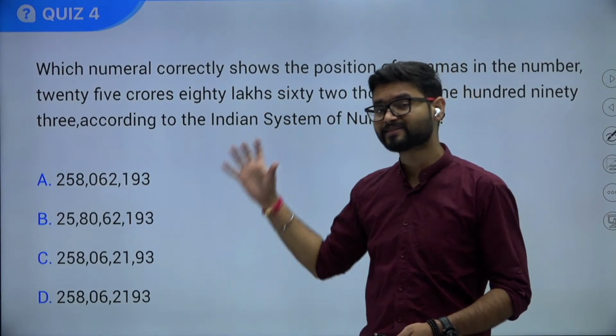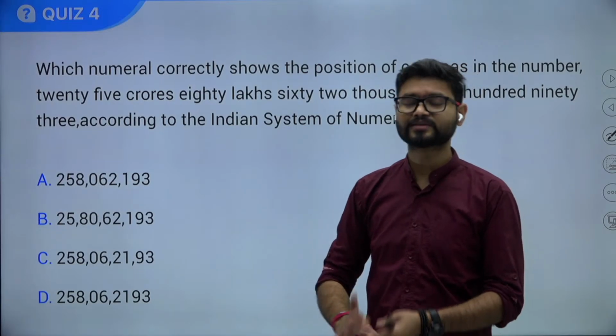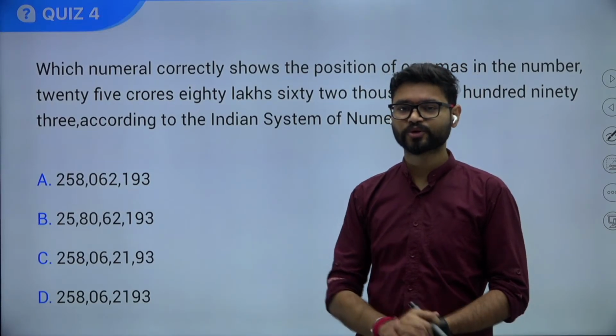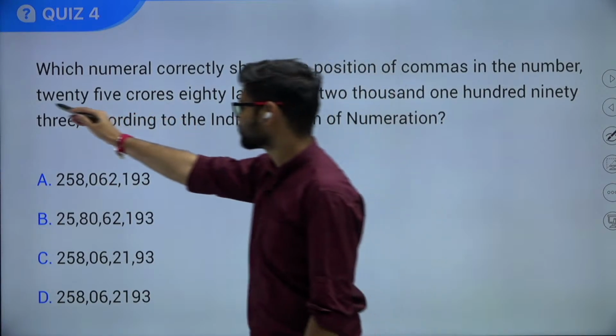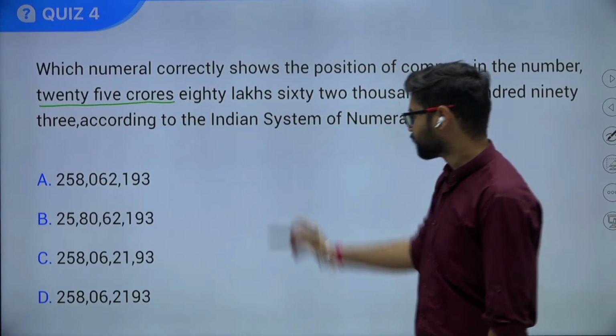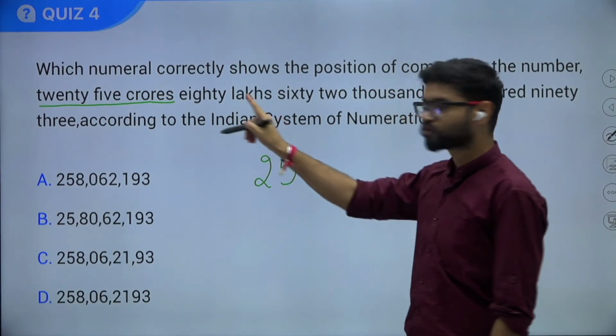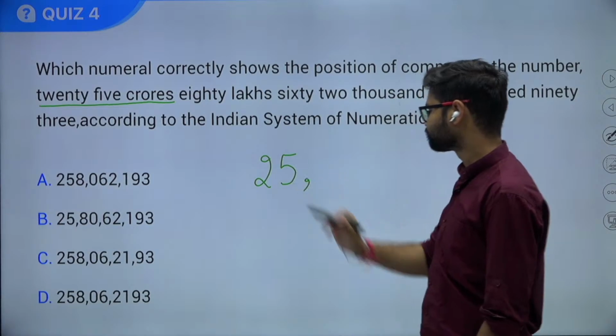When a number is given in words and you have to write it in numbers, it is very easy to do. Let me show you how. The very first thing is 25 crores. So for 25, I will write 25. In place of crores, I'll put a comma.